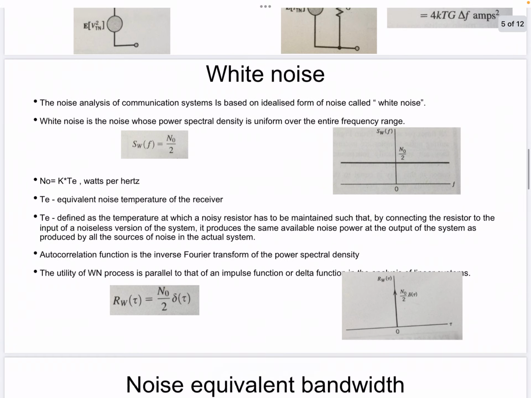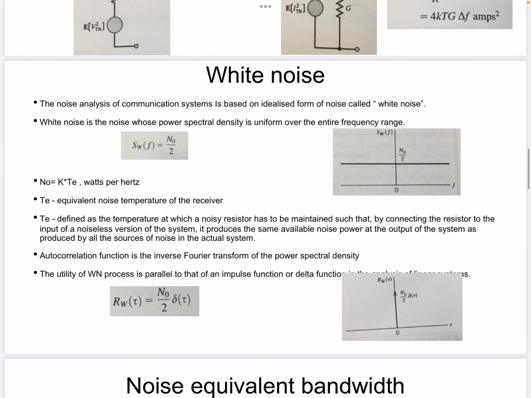Next type of noise is white noise. In the noise analysis of communication systems, it is based on an idealized form of noise, which we call white noise, the power spectral density of which is independent of the operating frequency.